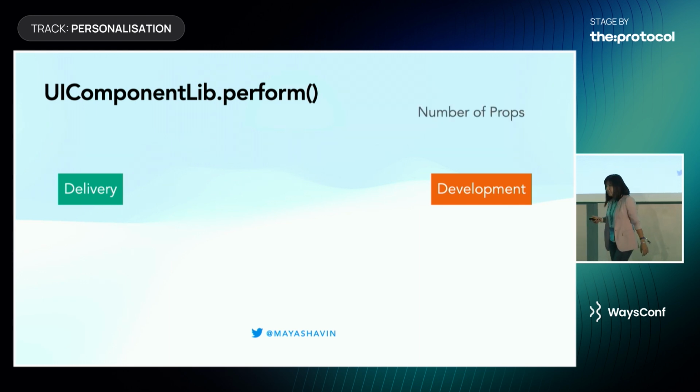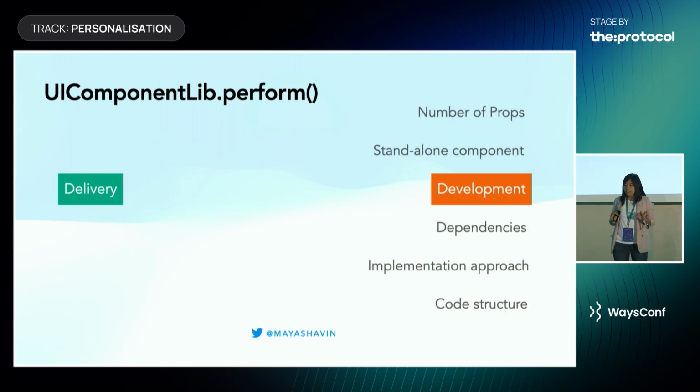The number of props, whether you're building a standalone component, dependency, implementation approach, code structure, all of these are very, very important for your team, whoever is the next developer to come into your team and take over and start building new features or fixing bugs.